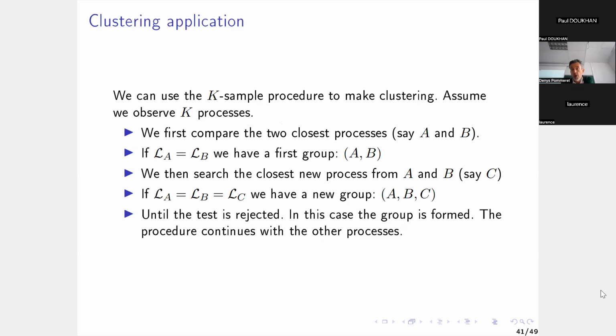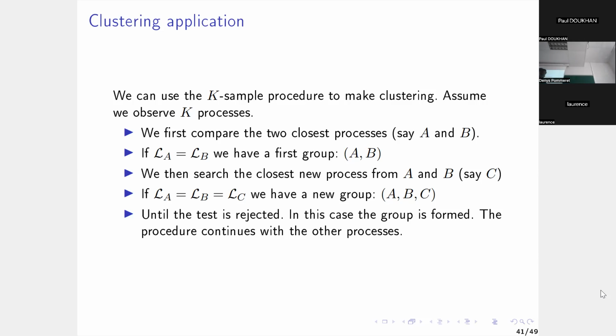So how to use that to make a clustering of your processes? That's not difficult. You have, say, k processes. So I compute the difference 2 by 2, so I have to compute 2 by 2 among k processes. Then I first choose the lowest statistic, that is the 2 processes that are the closest.